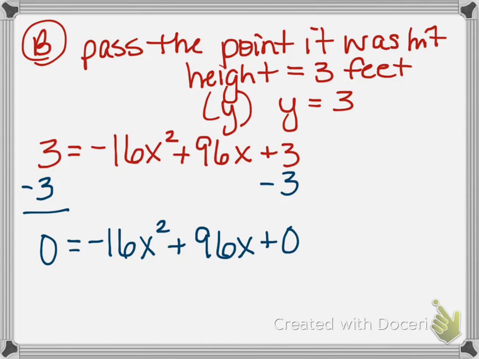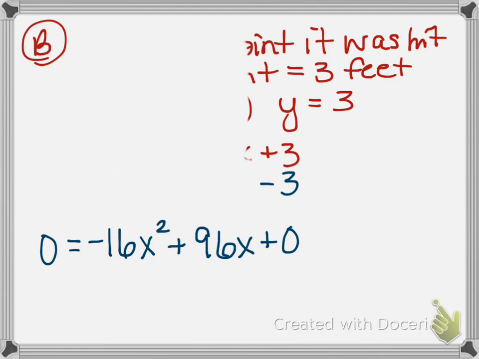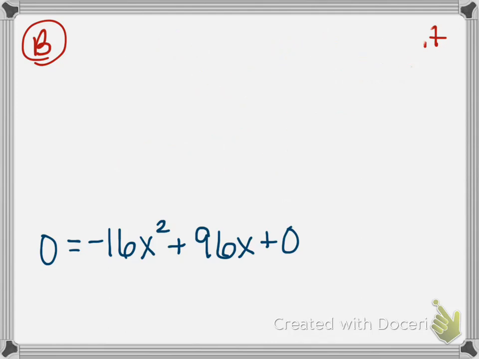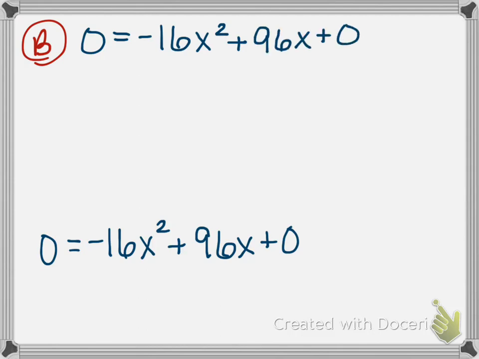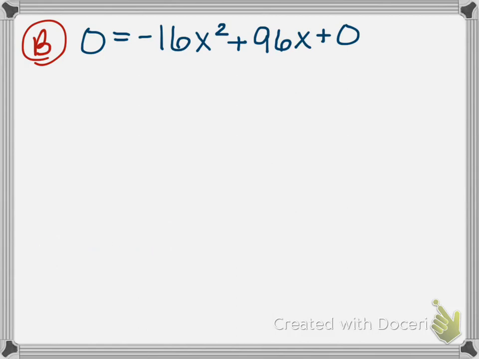Now I can use a quadratic formula to solve this quadratic equation. So let me just erase some of these notes here. I'll rewrite this equation. 0 equals negative 16x squared plus 96x plus 0. Of course, that 0 on the end you don't really need, but it's a nice placeholder to remind yourself that that's what C is.